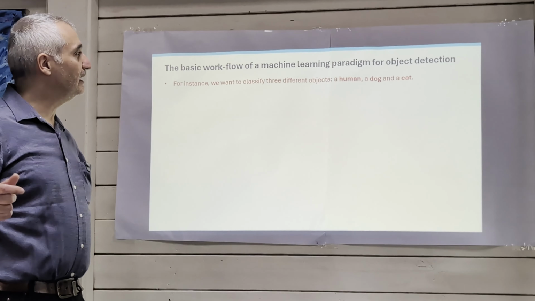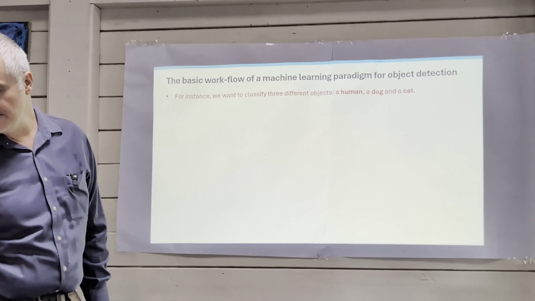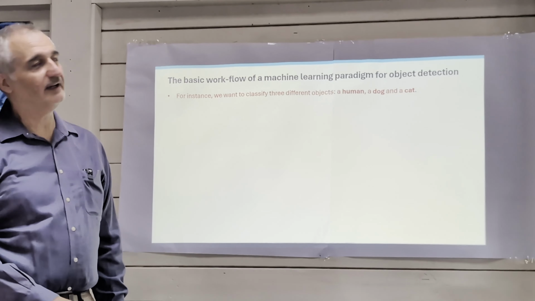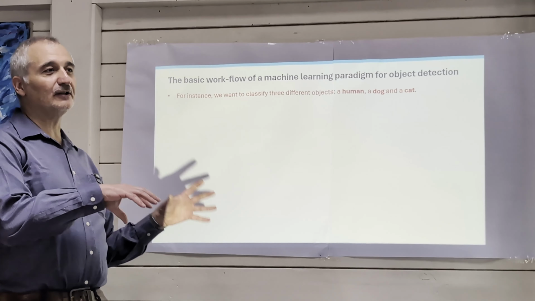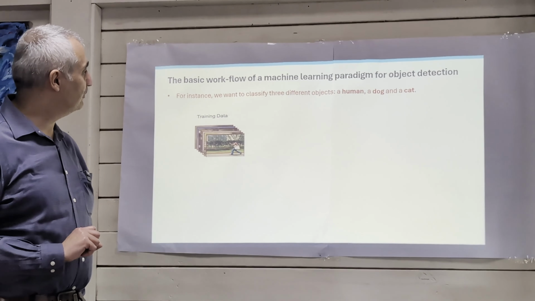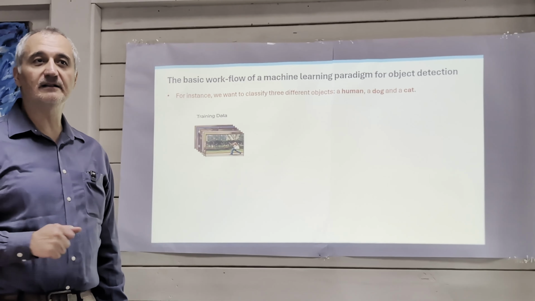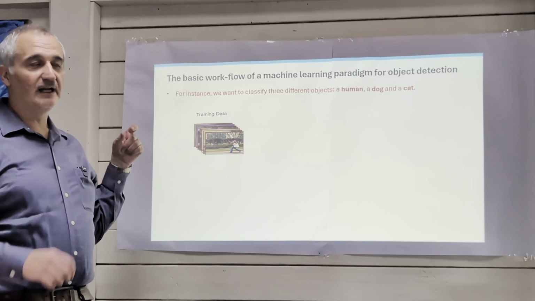So I'm going to give some idea of how things work in an AI system. Say we want to classify 3 objects, so the output is one of those 3 options. The way we start is by training the system. We have a deck of images, in this case lots of images containing humans.